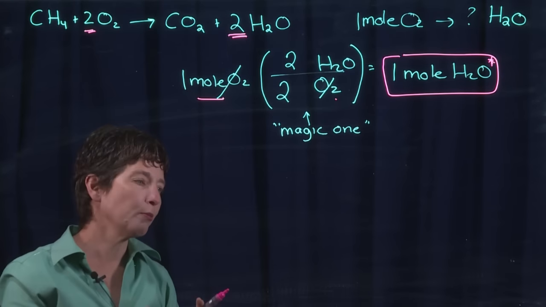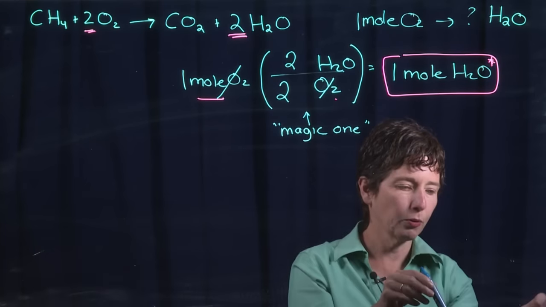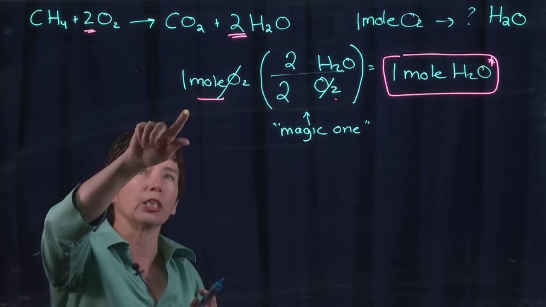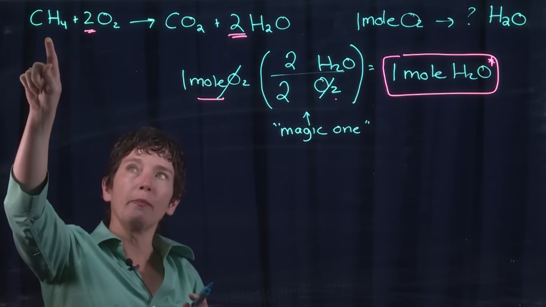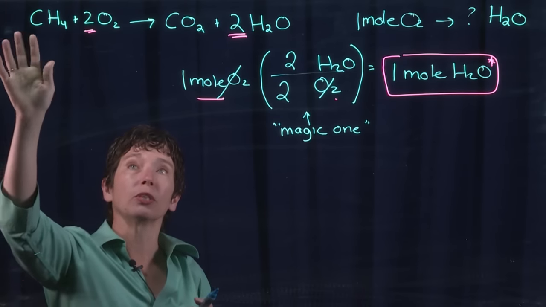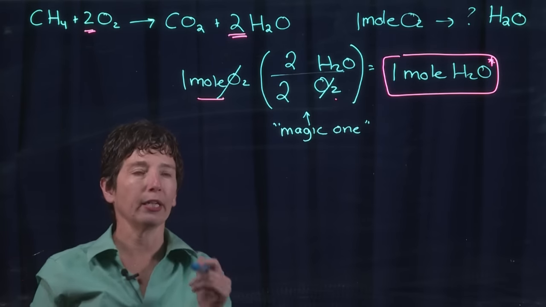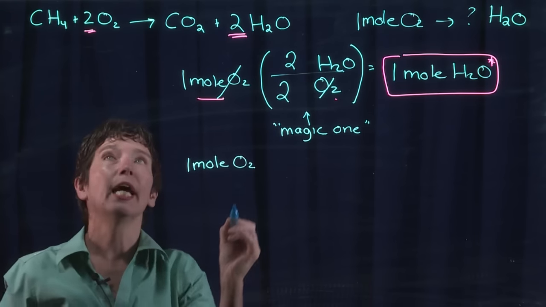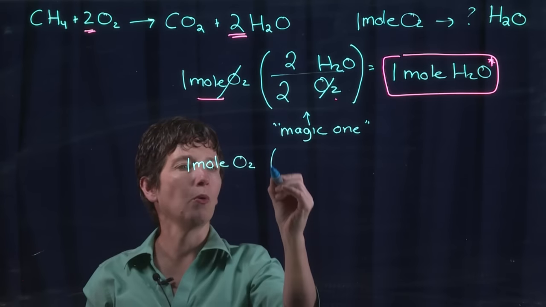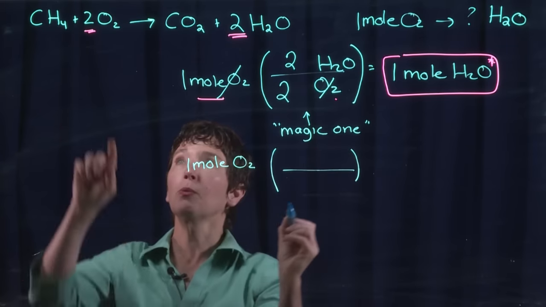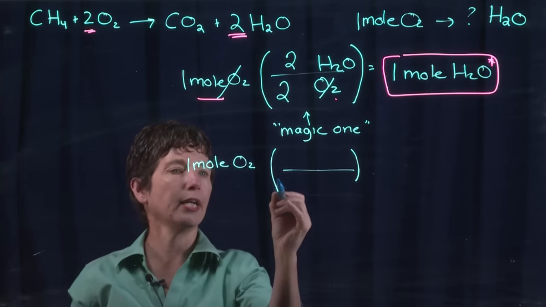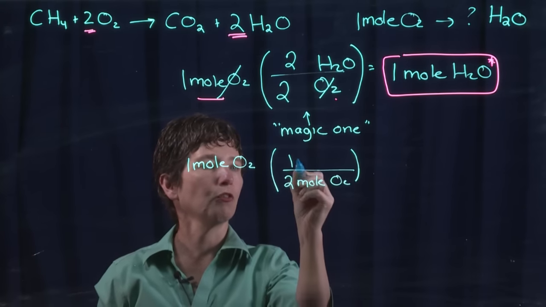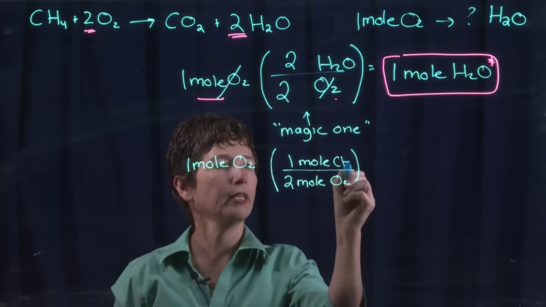And we can use this same approach to think about the relationship between reactants. If I have 1 mole of oxygen, how many moles of methane will I use in order to use up all of the oxygen? So we have 1 mole of oxygen, and again we write our magic 1, in this case the magic 1 that relates oxygen and methane. We see that there are 2 moles of oxygen for 1 mole of methane.